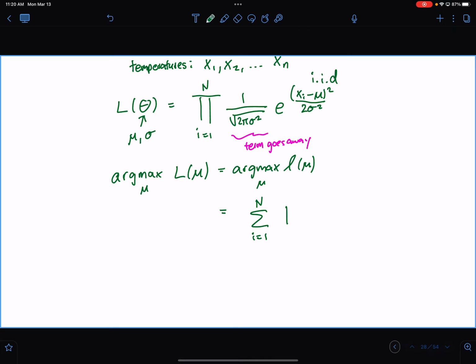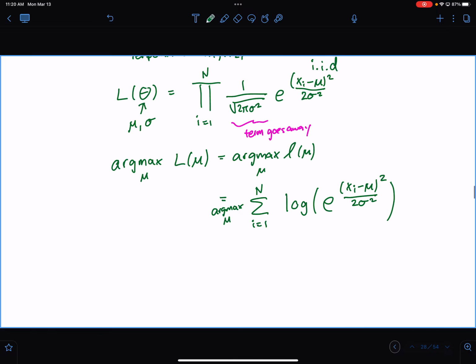So instead, we just have log e to the xi minus mu squared over 2 sigma squared. We're trying to maximize this expression here. Log and e actually just cancel each other out because they're inverse operators, right? So we're just left with a sum.